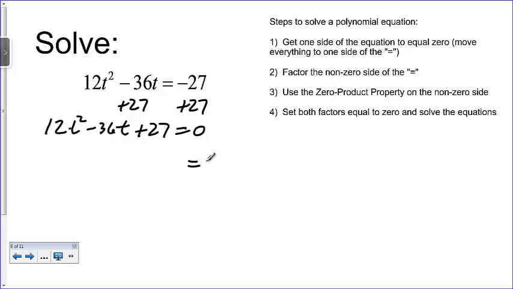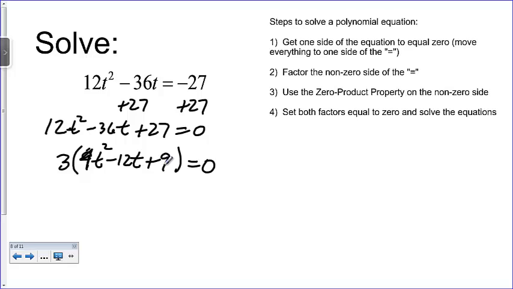Now, as we've always said, your first thing to look for when you're asked to factor a polynomial is a GCF, which in this case is 3. Leaving me on the inside with 4t squared minus 12t plus 9.